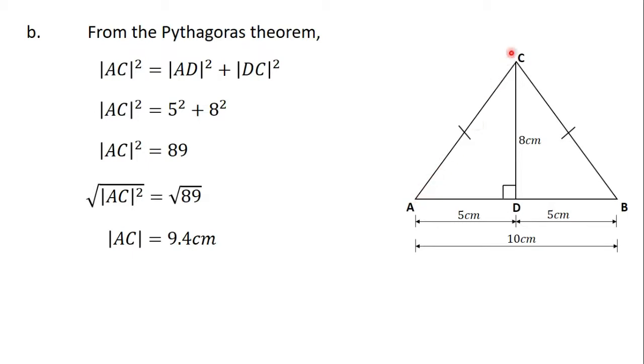So from A to C is the same as from B to C. So the sides of the triangle are 9.4 centimeters long.